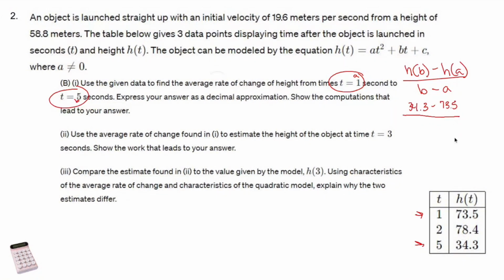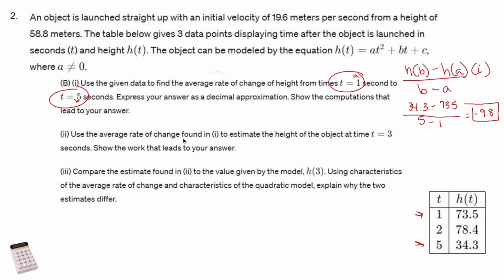And that's going to be over 5 minus 1, so over 4. Now, I'm not going to waste time going to a calculator and trying to find out what that is. I'm just going to tell you right now it's negative 9.8. Let's just leave it at that. Okay, so that is B part 1, part I.